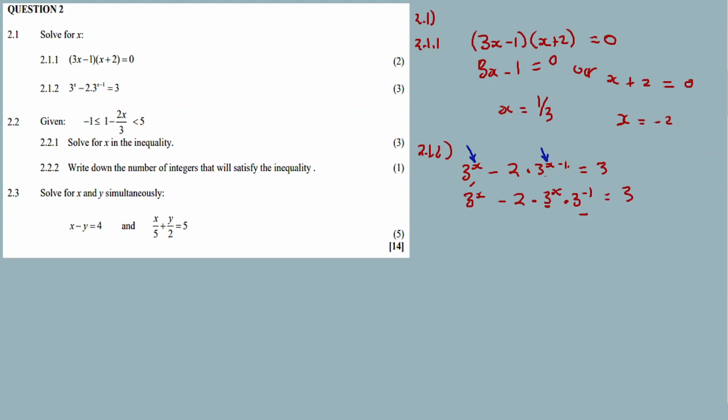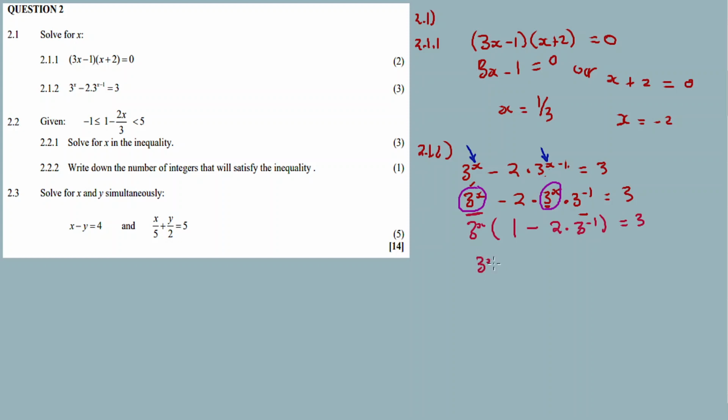After breaking ama exponent yakho, you take out 3 raised to x as a common factor. Then 3 raised to x, 1 minus 2 times 3 raised to minus 1, equal to 3.